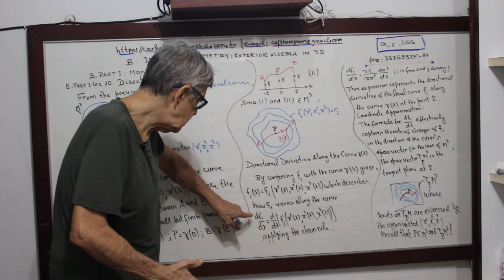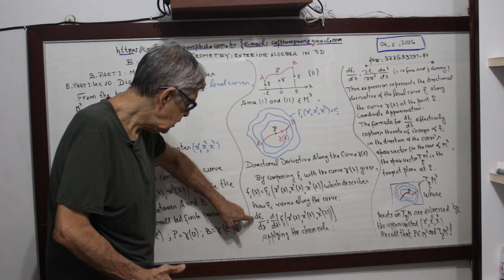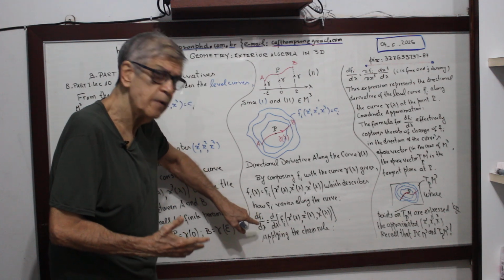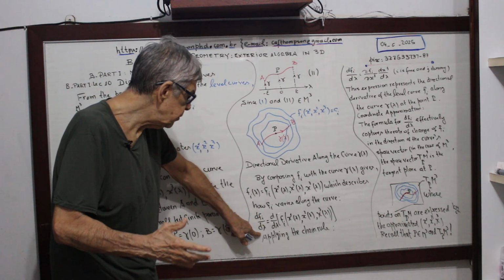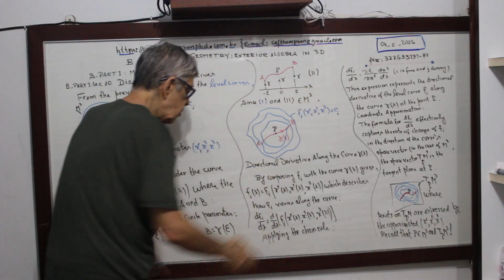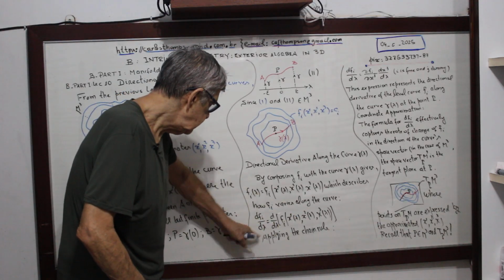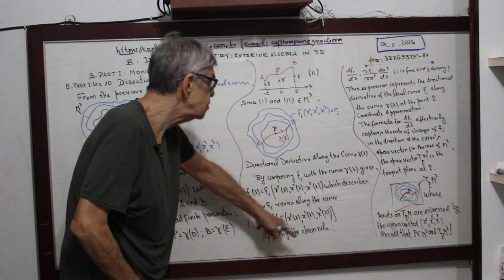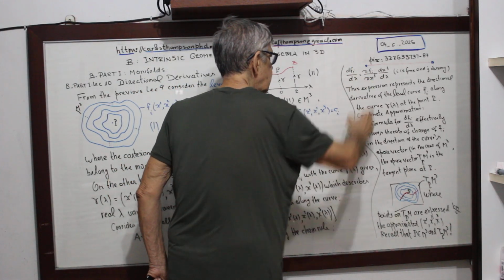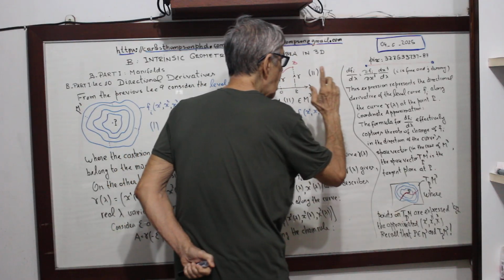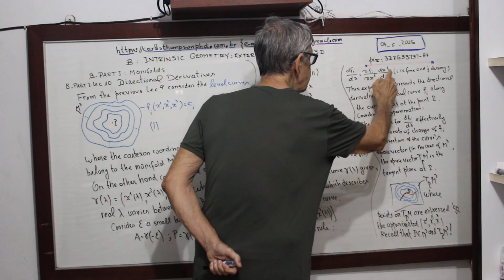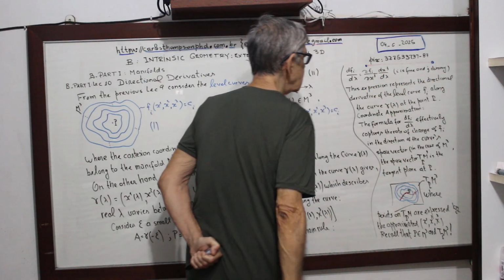Now I can define the directional derivative. These f_i are level curves, and lambda is a real variable. I just compose, then apply the chain rule, and I obtain this expression here. Now i is free and j is dummy, okay?